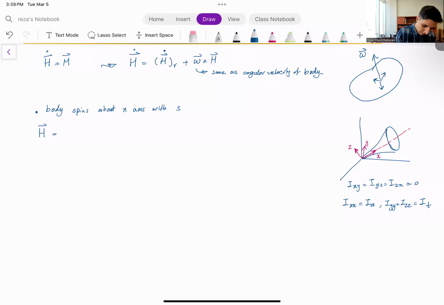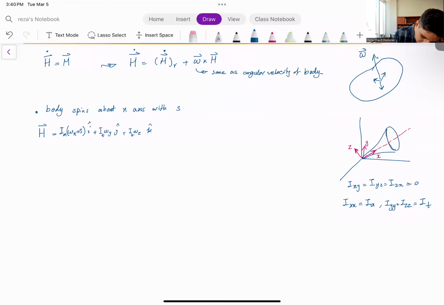So the angular momentum, before we had omega x I plus omega y j plus omega z k. I'm sorry, I need IA times this, IT times that, IT times that. Before we had this, now that we are allowing the body to spin, we have just an additional rate about x that the body is rotating about.